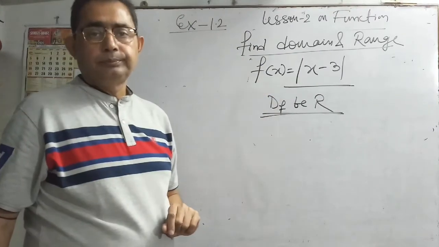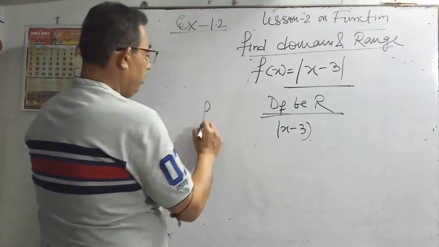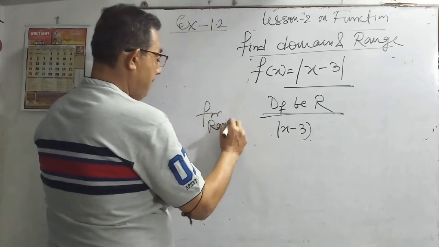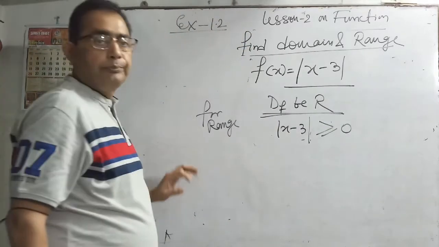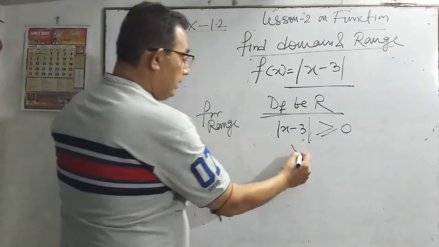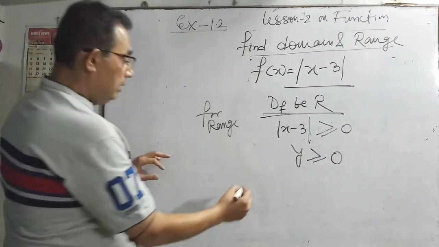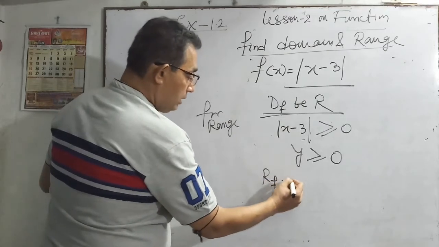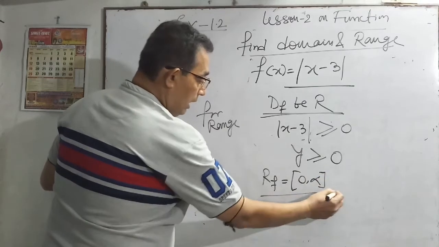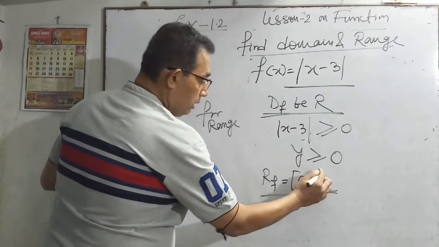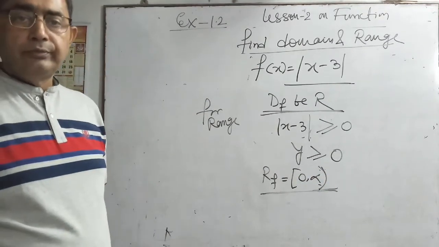Domain is real numbers. Now for the range, modulus of x minus 3 is always greater than or equal to 0. Y is greater than or equal to 0. Clear? So the range of f is 0 to infinity.